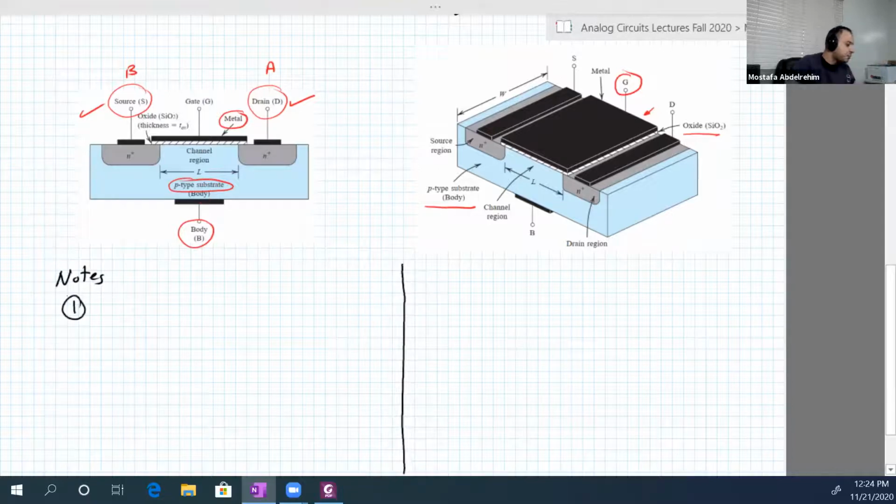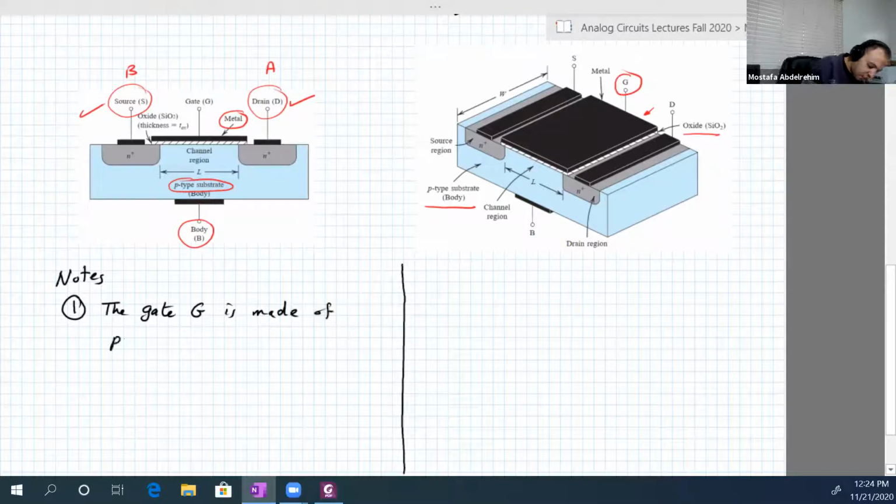Number 1, the gate. When they first introduced such a transistor, it was really made of metal. But nowadays, it's easier for them, and it's advantageous, to fabricate it from another material called polysilicon.